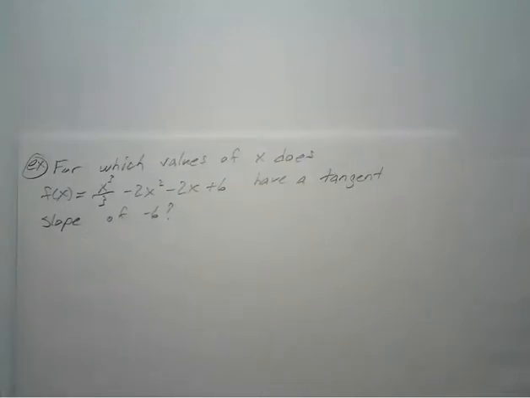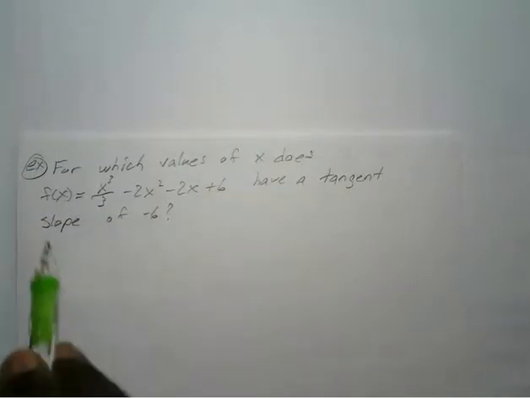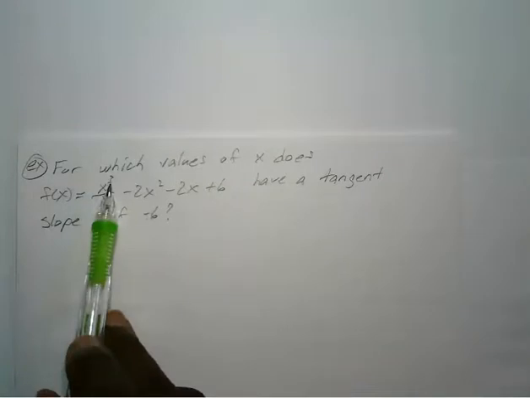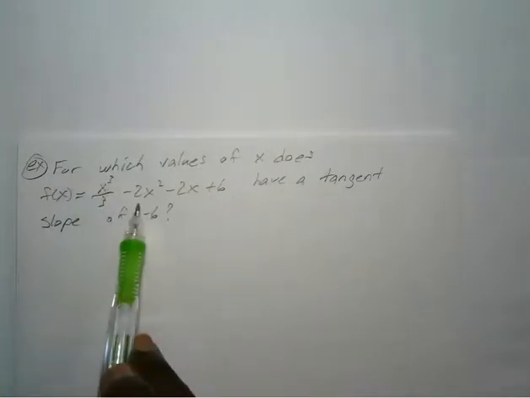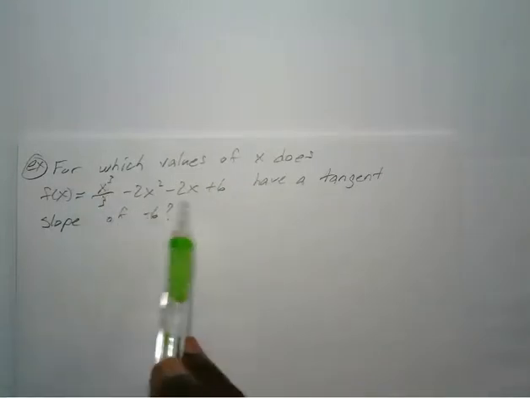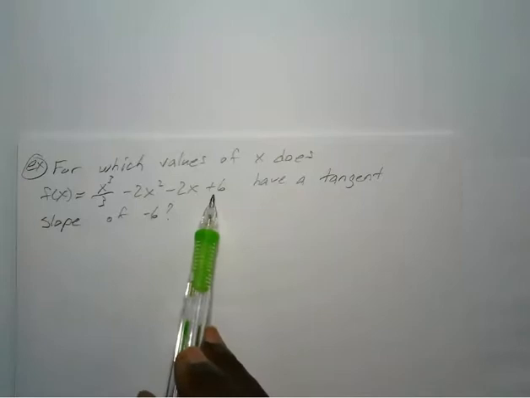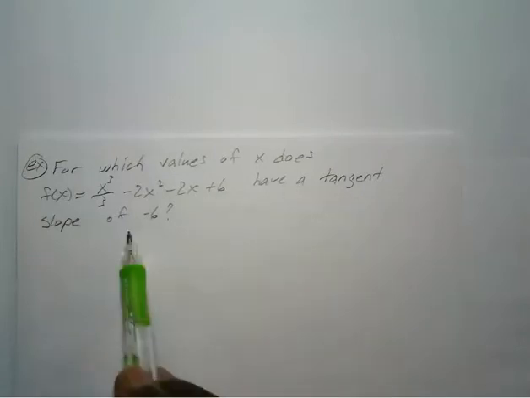Okay, so now for this one, it's going to ask for which values of x does f of x equals x to the third power over 3 minus 2x squared minus 2x plus 6 have a tangent slope of negative 6.